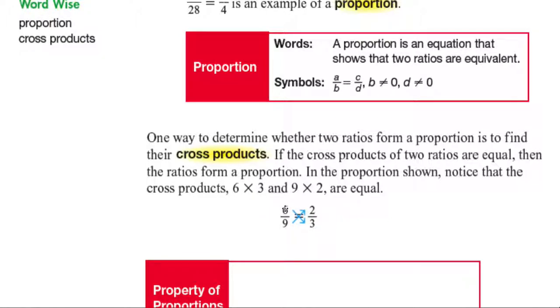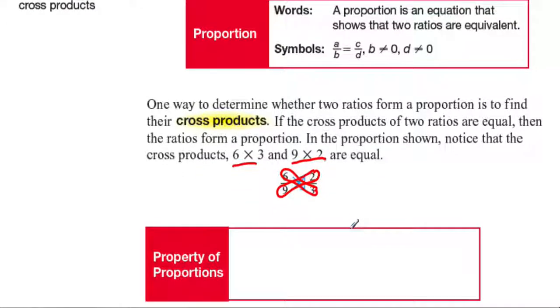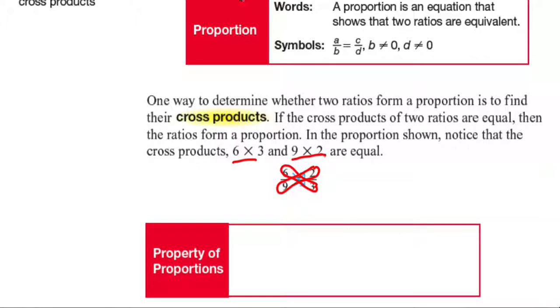The reason is that if you get their cross products, and this is why it's called cross products, you multiply the numerator of one fraction by the denominator of the other. So 6 times 3, that is 18, is the same as 9 times 2. So one way to find out if two ratios are in proportion is to check whether their cross products are equal.